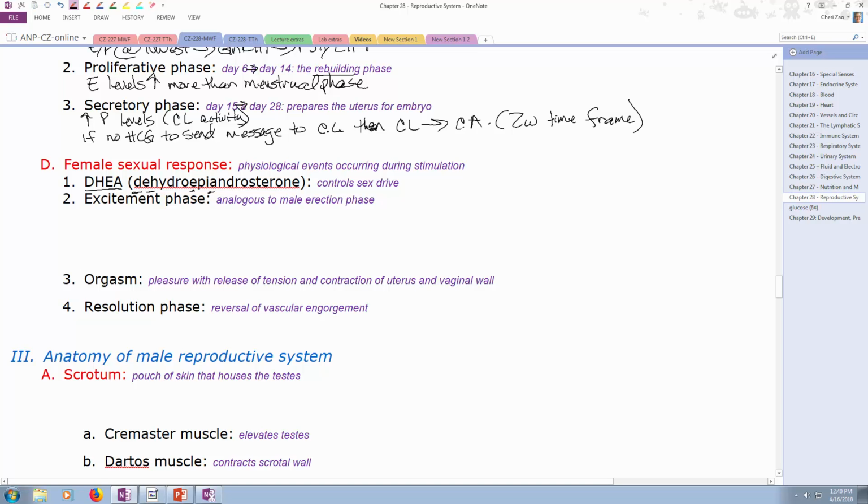So DHEA is the hormone that's responsible for the sex drive in the female. The excitement phase is going to be analogous to the male erection phase. This is going to be due to parasympathetic stimulation plus sympathetic.